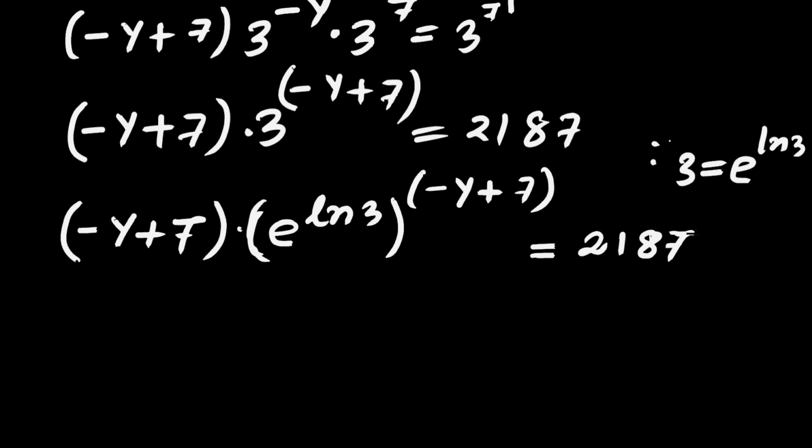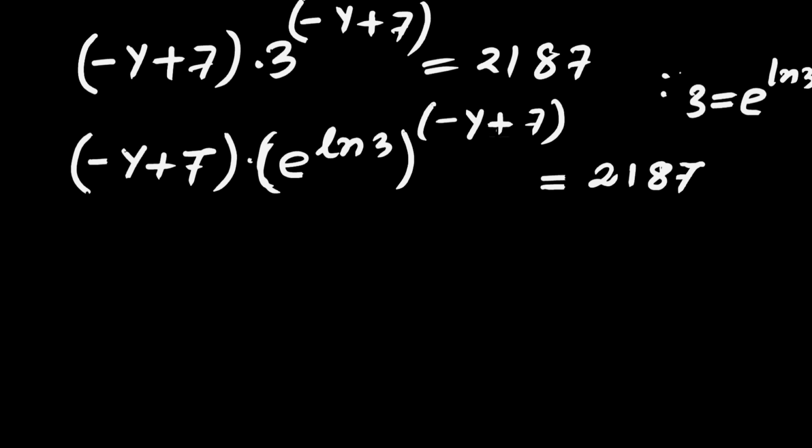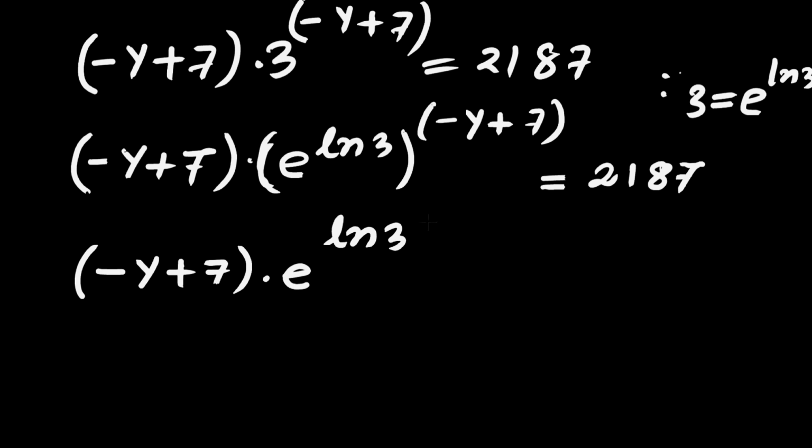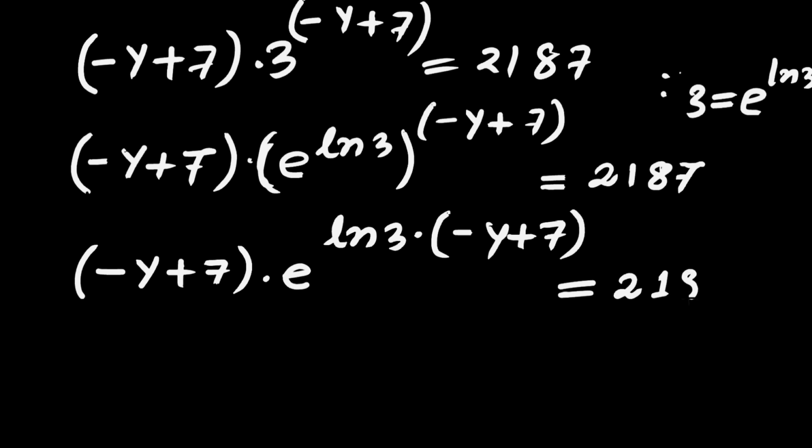Now apply the power rule. Multiply the exponents together. That gives (minus y plus 7) times e to the power (natural logarithm of 3 multiplied by (minus y plus 7)) equals 2,187.